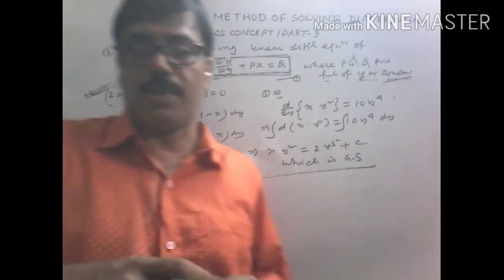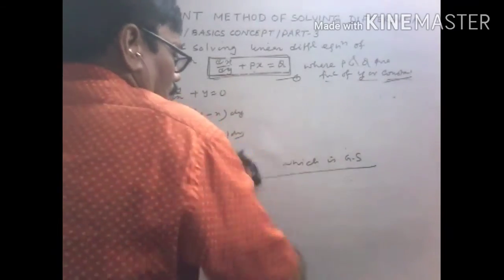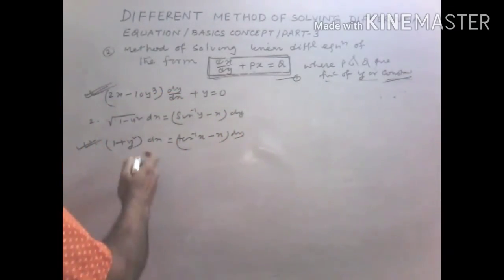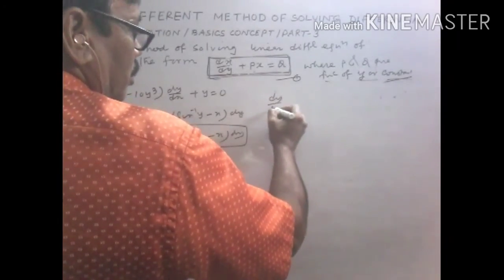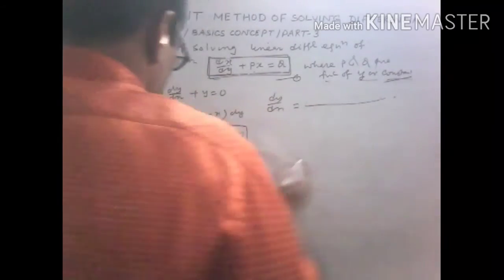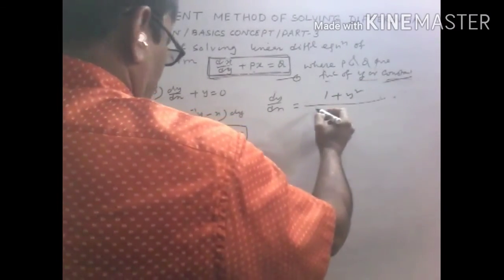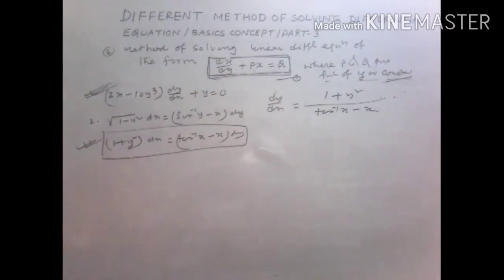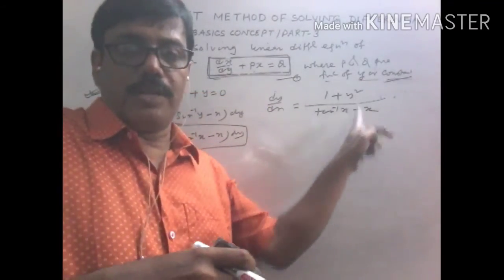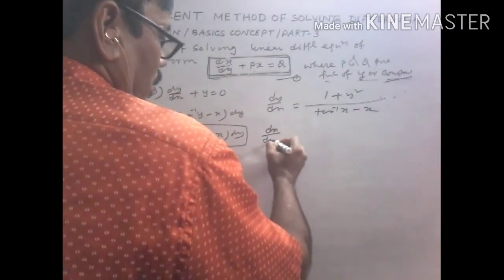So consider the last problem, problem number 3. Look, in general, we write the problem in this form, dy/dx. What is dy/dx? So 1 plus y square, tan inverse x minus x. So this is only a function of y. So we cannot write it as two parts.